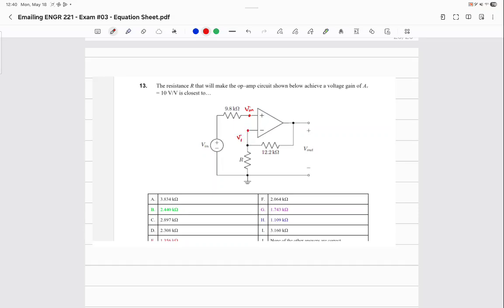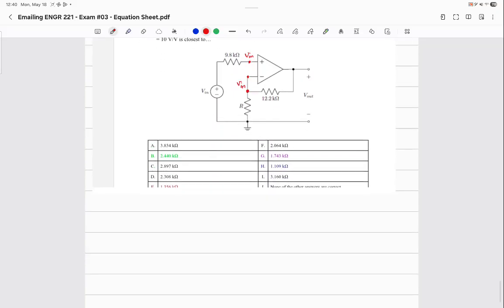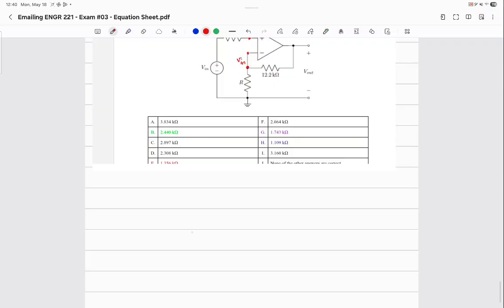So this voltage is also VN, right? So I have something like this.